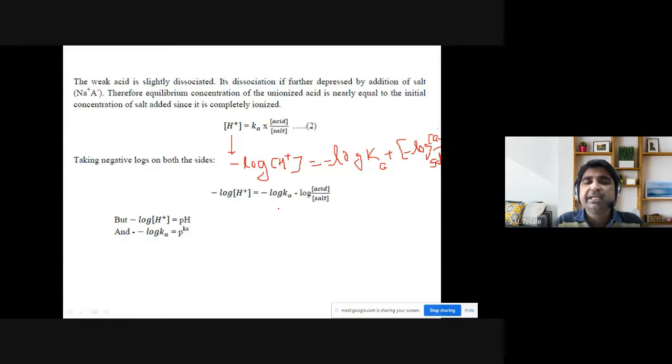So we can write this term, right? And this is nothing but this term. So negative log of H plus ion concentration is equal to negative log of Ka minus log of concentration of acid upon salt.